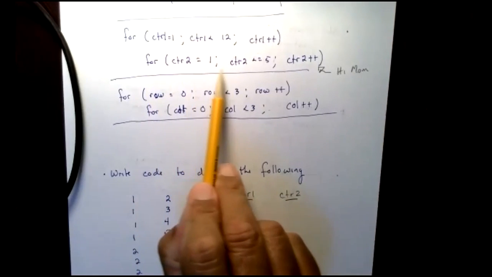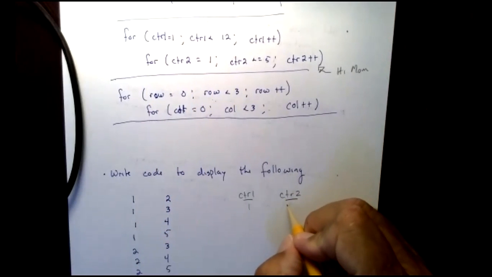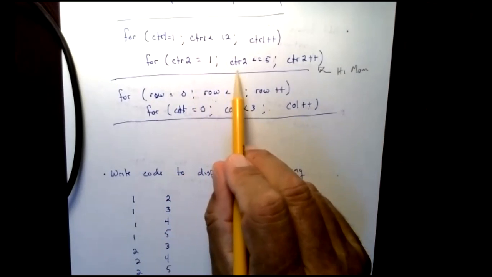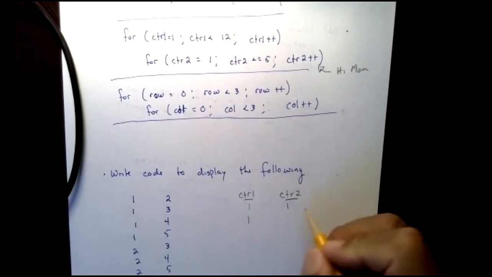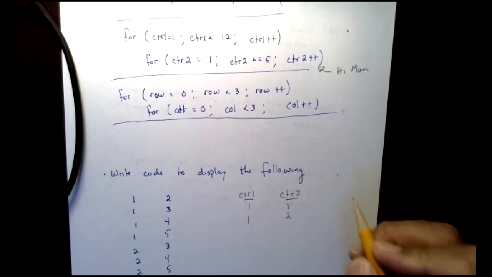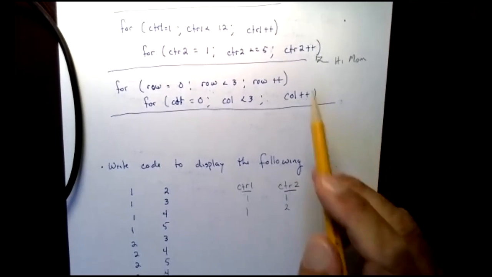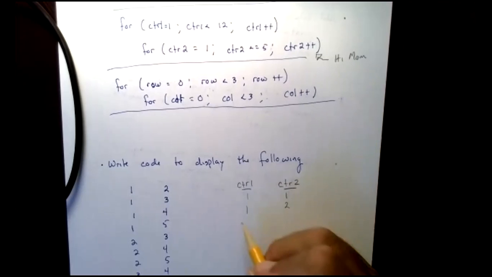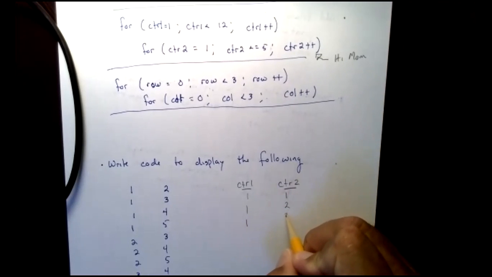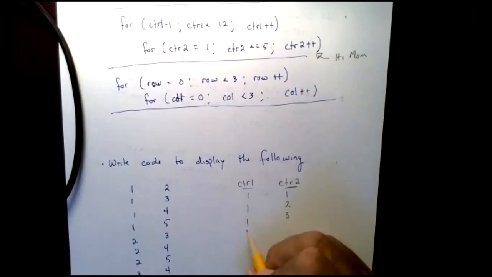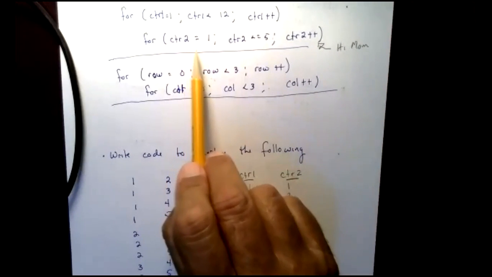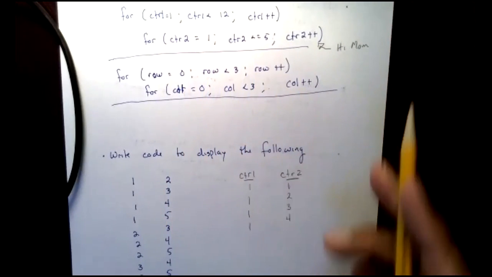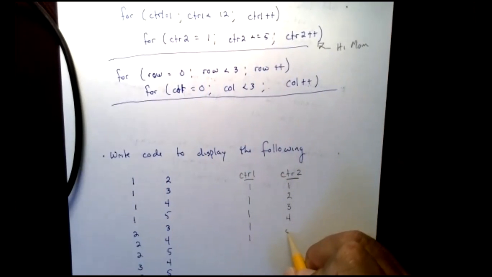Now I get into my inner loop, counter 2 is going to get the value of 1. Then it's going to stay in that inner loop. So my outer loop, counter 1, stays at 1, but now counter 2 becomes 2. And I'm going to stay in that inner loop. Counter 1 is 1, this is 3. Stay in that inner loop. This is 1, counter 2 is 4. Let's see, counter 2 is equal to 1, less than or equal to 5. I need to do it one more time.